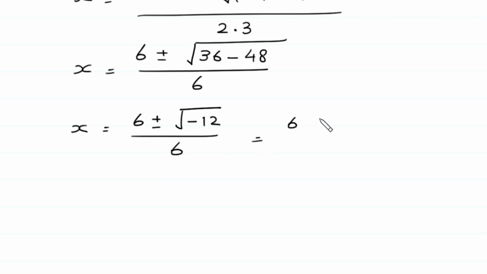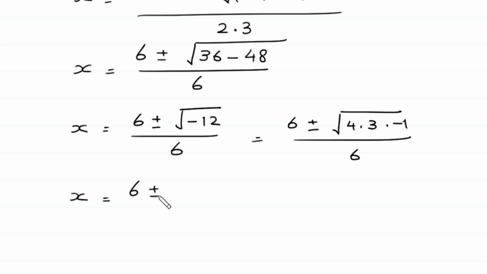This is equal to 6 plus or minus square root of, we can write this negative 12 as 4 times 3 times -1, divided by 6. And x is equal to 6 plus or minus square root of 4 is 2 times square root of 3, and square root of -1 is equal to i. So we write here i divided by 6, and from here we can factor out 2 as a common factor.